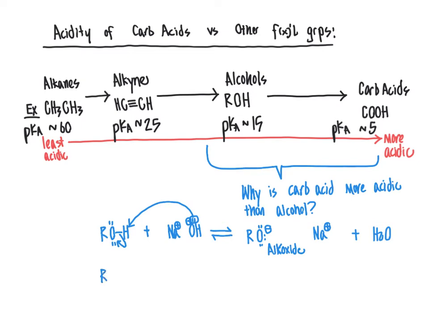Similarly, when we do this process for our carboxylic acid, we also will deprotonate the hydroxy group by bringing in the lone pair electrons from the sodium hydroxide, like I'm drawing out the sodium hydroxide here.